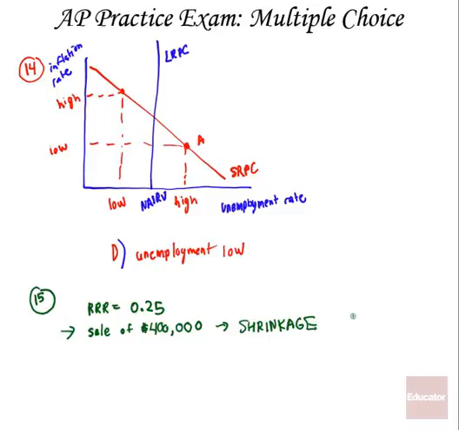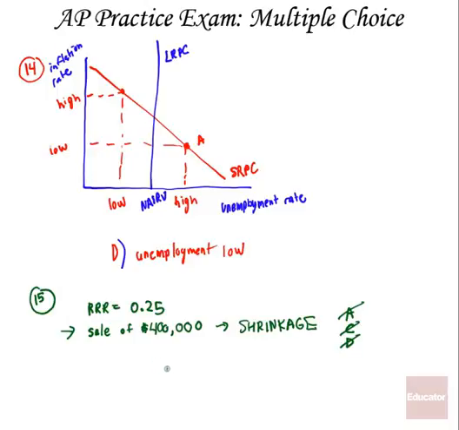So based on that, you can eliminate A, C, and D, because A, C, and D are all going to increase the money supply. So how do you figure it out using the multiplier formula? This is how money is created.